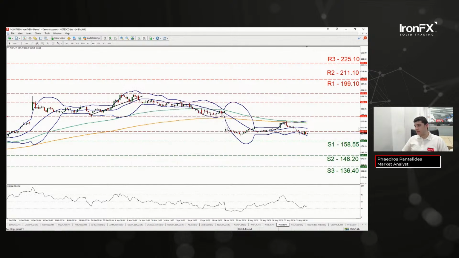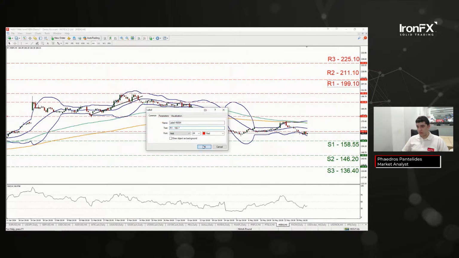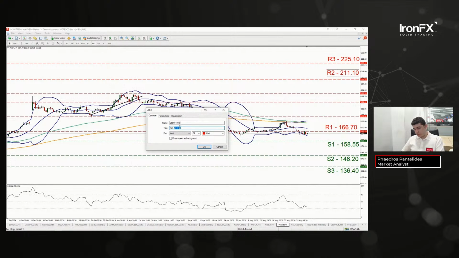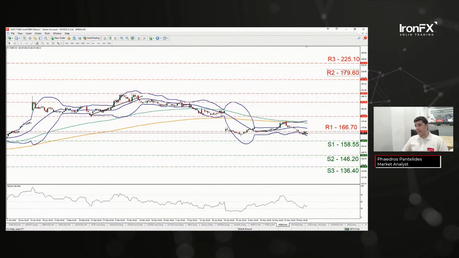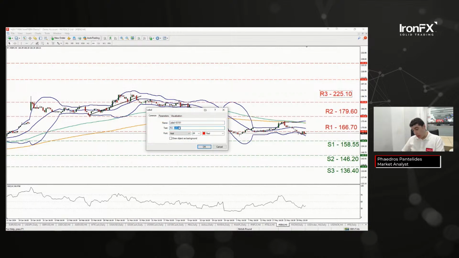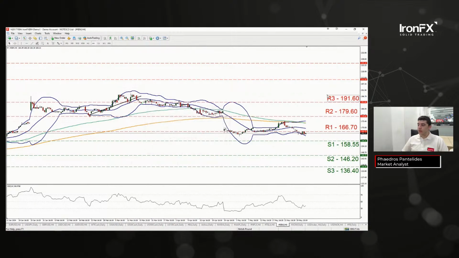Then 166.70 becomes my R1. $179.60 becomes my R2. And then 191.60 becomes my R3. So we have our support and resistance levels, would still be maintaining a bearish outlook for the reasons I mentioned before.